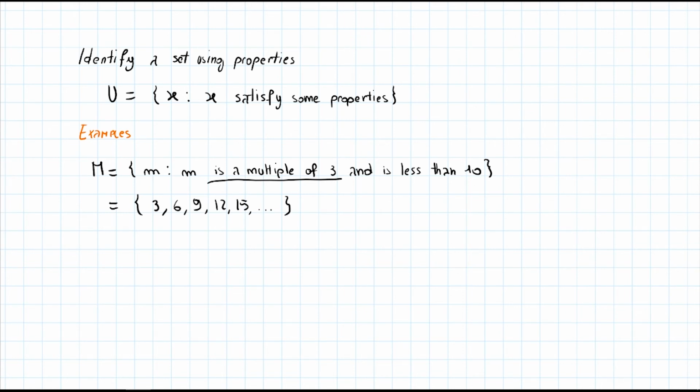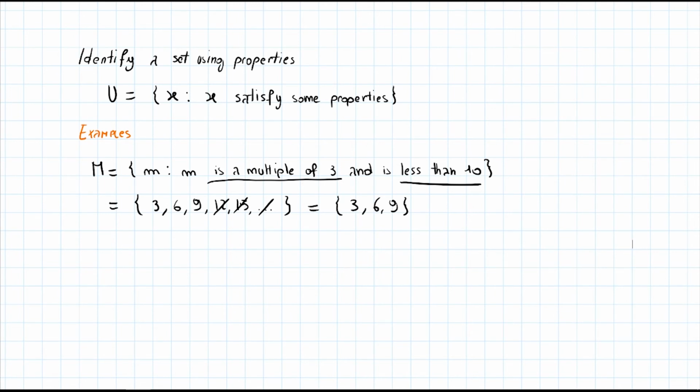But the second property tells us that it must be less than 10, so 12 and 15 do not count, and also the higher numbers. So eventually this set is composed of 3 elements, which are 3, 6, and 9.